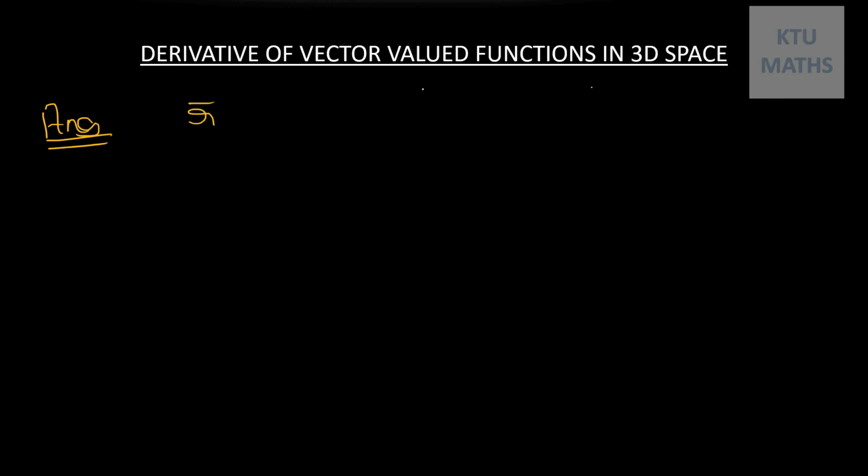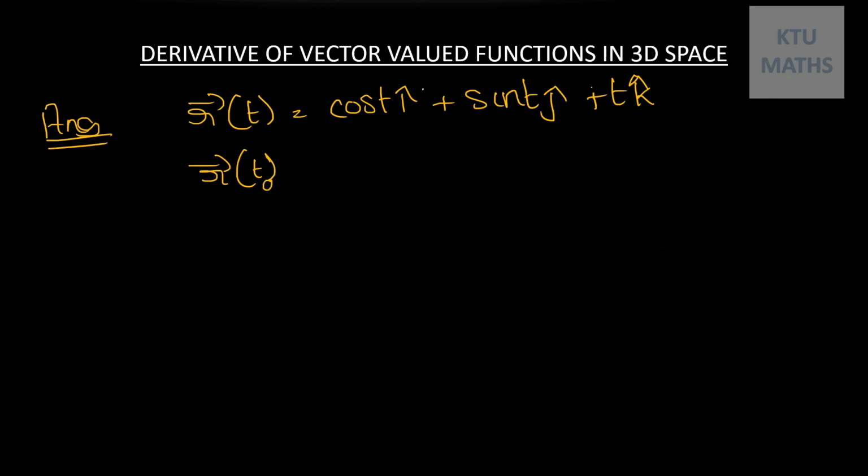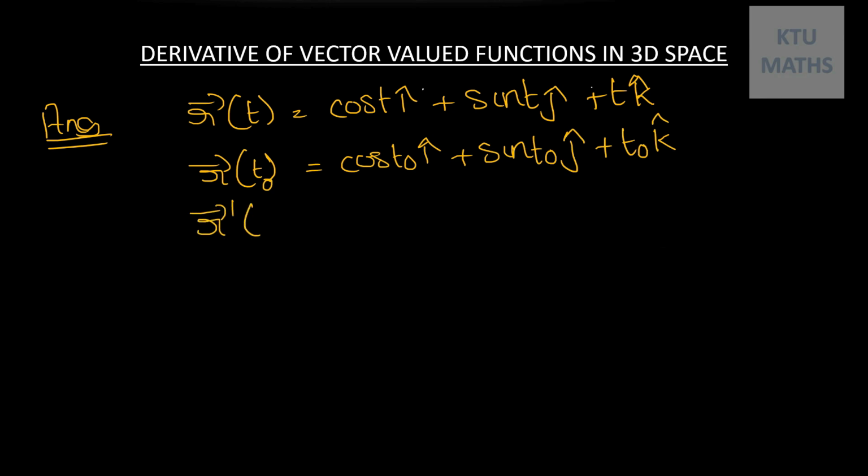First we can write the vector of the helix. The vector will be r(t) = cos t i plus sin t j plus t k. Here we have to put the value of r(t0). r(t0) will be cos t0 i plus sin t0 j plus t0 k. The derivative of it will be minus sin t0 i plus cos t0 j plus k.